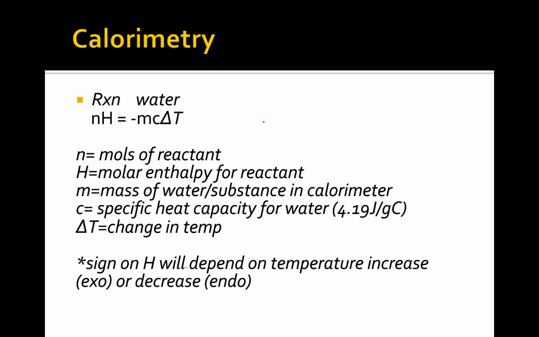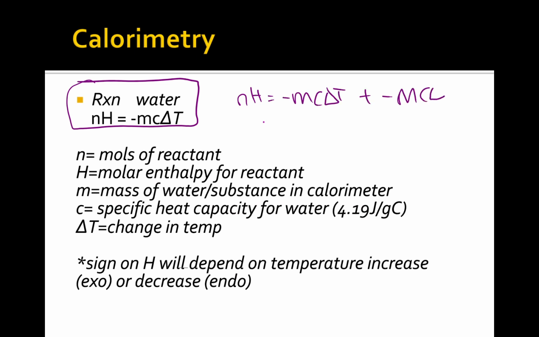Okay. Another big part of the thermochem unit is all about calorimetry. So not only do we have this formula, but we also do have bomb calorimetry, where we have delta H equals negative mC delta T plus negative mC delta T. So if you do have bomb calorimetry, it's going to be a combustion reaction, but this first mC delta T will still be about the water.